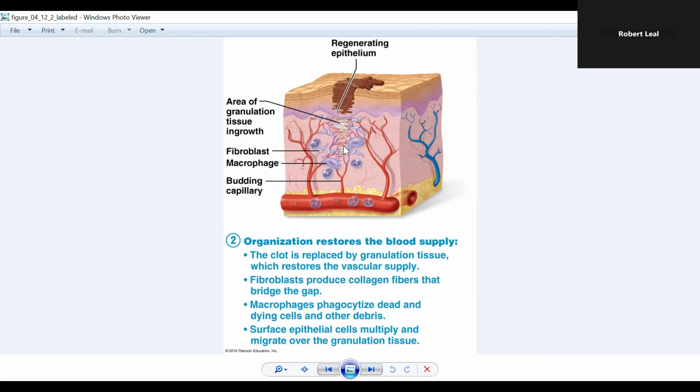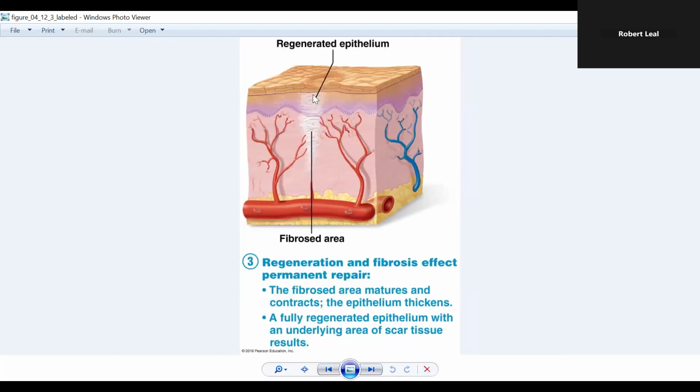Unfortunately, you're going to put more collagen fibers down in that area, forming what's called scar tissue. So it may not be as pliable. So at the end, after healing occurs, the top layer, which is epithelial tissue, regenerates. The dermal layer, that area of connective tissue, you tend to put more collagen fibers down instead of elastic. Therefore, it's not as pliable. Therefore, it's called scar tissue.